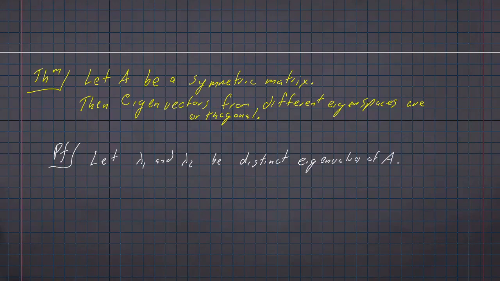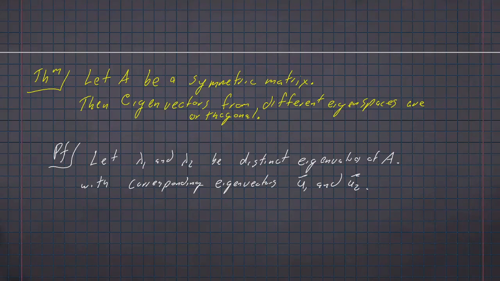All right, so we're talking about eigenvectors from two different eigenspaces. So to have different eigenspaces, we need different eigenvalues. Let lambda 1 and lambda 2 be distinct eigenvalues of A. And let's take U1 to be one of the eigenvectors from the eigenspace of lambda 1.